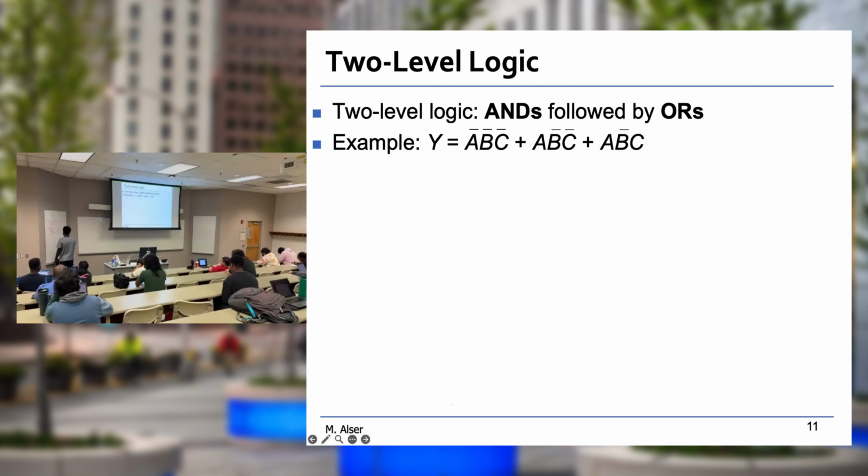Then we are done with the second term. We're going with the third term. That's the third AND gate. We got A without NOT, and then B with a NOT. Amazing. This is what I'm looking for.